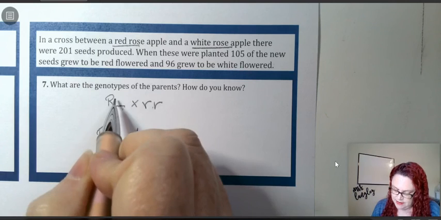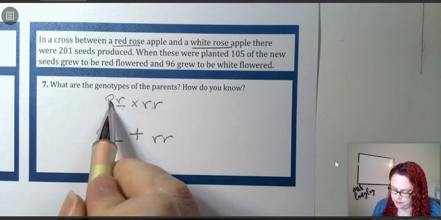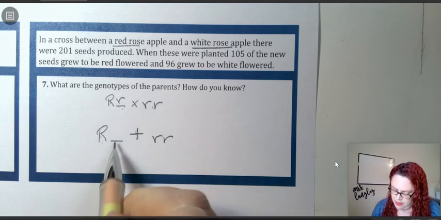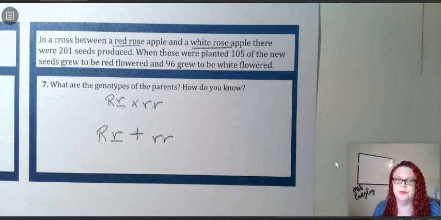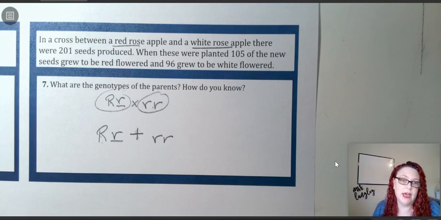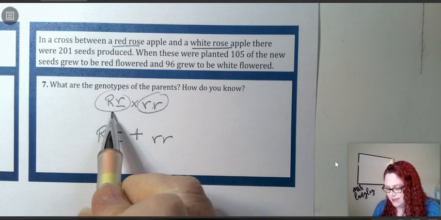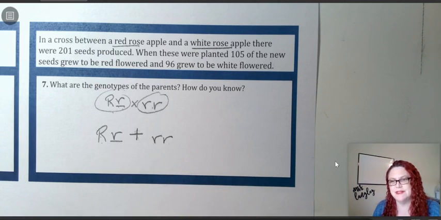That means this has to be this. So if these offspring got the big R from this parent, then the other letter they must have is a little r. So what are the genotypes of the parents? I have these 2 genotypes, and I know that these are correct because in order for the offspring to show the recessive trait, then the one parent had to be heterozygous. Otherwise, we would never get these recessives, 2 recessives together. All right, we'll do more in the next video.